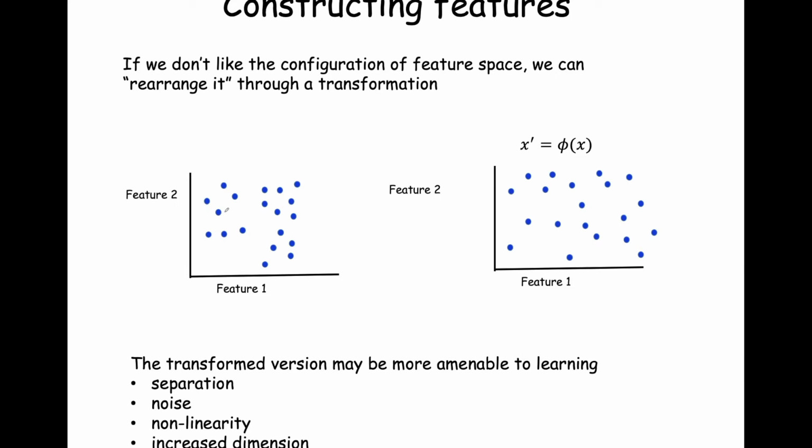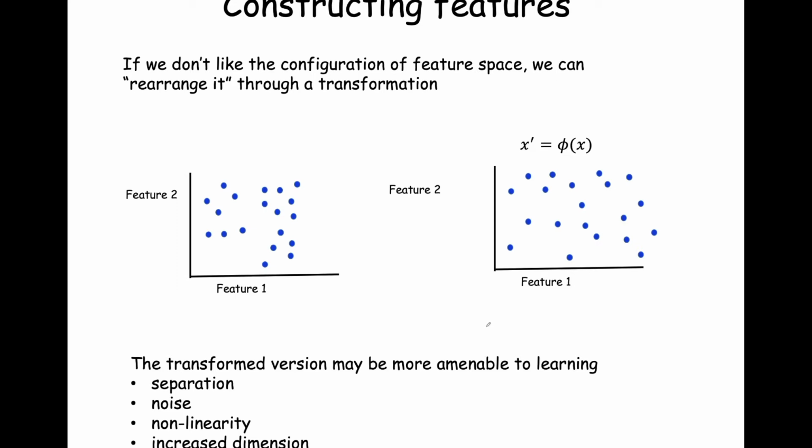So this phi function rearranges the geometry of your data set in feature space. And the hope is that if you find the right phi function, you will get a new representation with a geometry that is more amenable to learning. This transformation may result in a number of different desirable qualities in the new geometry for your feature space.